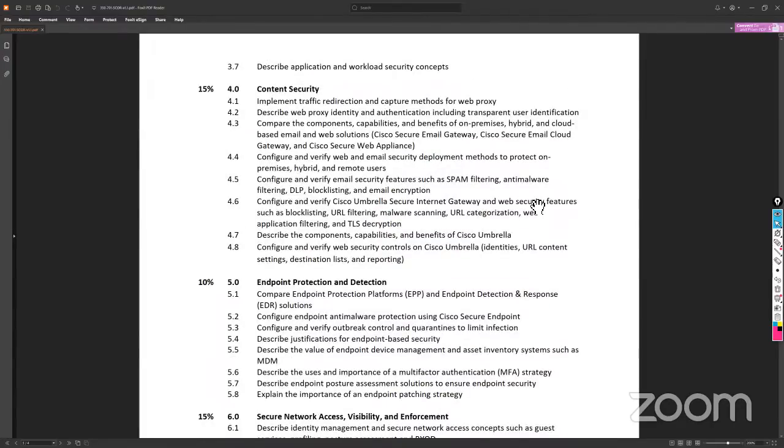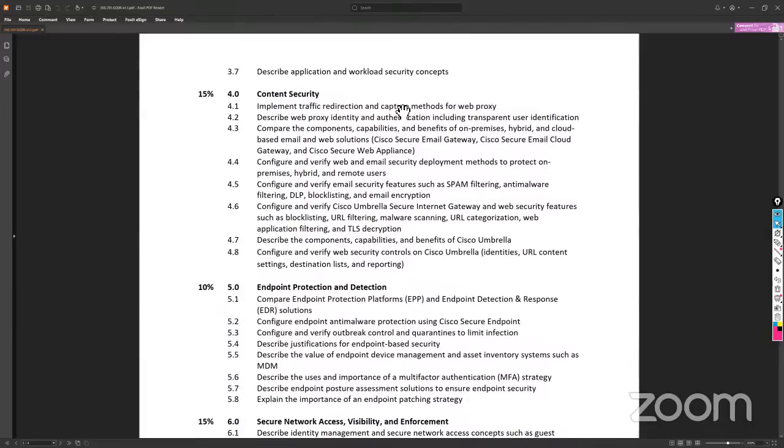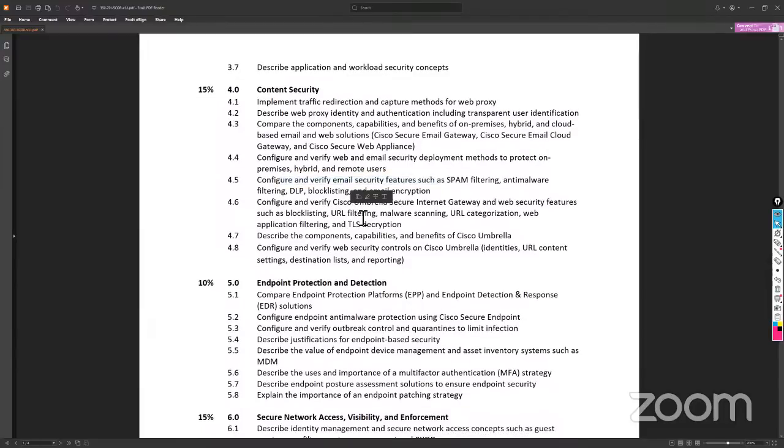So content security here, right? You're going to see that there are a lot of implementations here. Implement traffic redirection for web proxy, then configure web and email security deployment, configure email security features, configure Cisco Umbrella SIG, Secure Internet Gateway.